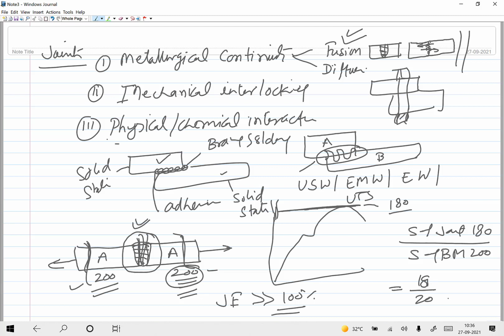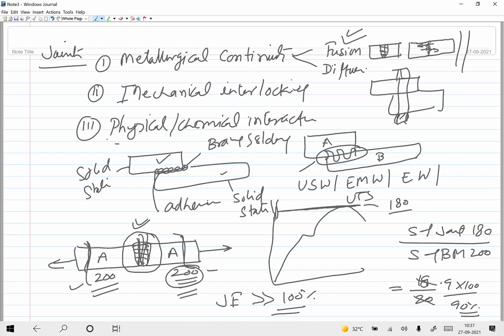So it is 90% strength, that is 0.9 multiplied by 100. So your joint efficiency is 90%.